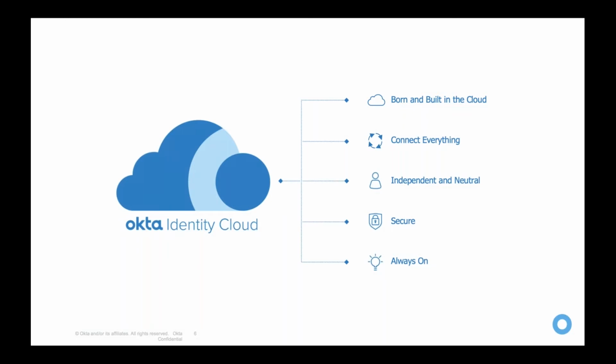And then a little bit of why Okta against the competition, because Okta has a number of properties that make it unique. So Okta was born and built in the cloud. From the day that the company was started, from the first line of code that was written, Okta was built as a cloud service. You can't take some on-premise piece of identity management software, put it in the cloud and get what Okta's built.